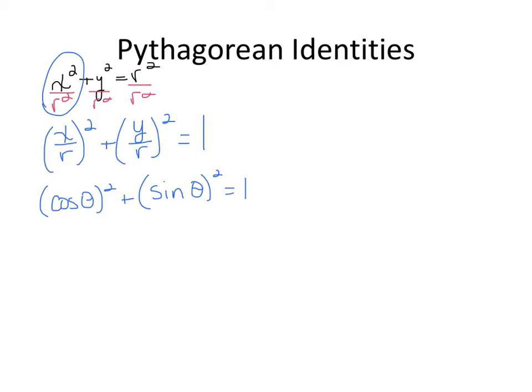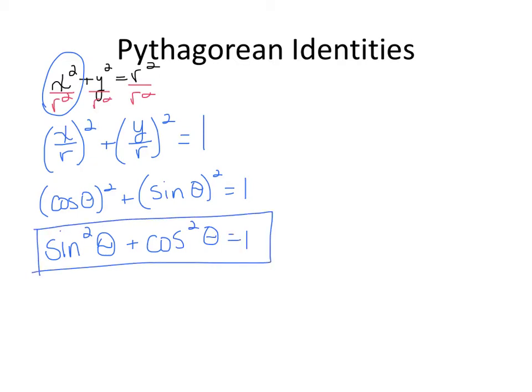Mathematicians don't like to write a lot of things, so we condense this a little bit. Also, this particular Pythagorean identity, we start with sine. So the way that we write this is sine squared of theta plus cosine squared of theta is equal to 1. And that is our first Pythagorean identity.